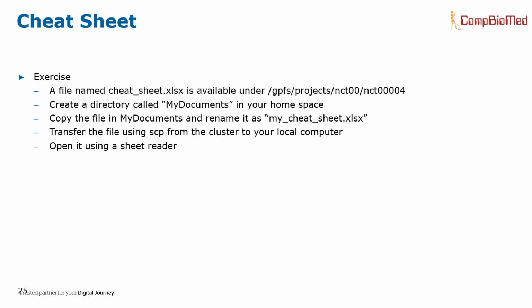Excuse me, just a naive question. How do we get from our home directory to the directory GPFS, etc., to get the sheet? You use cd space. Yeah, I did put cd space and the path you specified there, but it's giving me bash, no such file or directory.